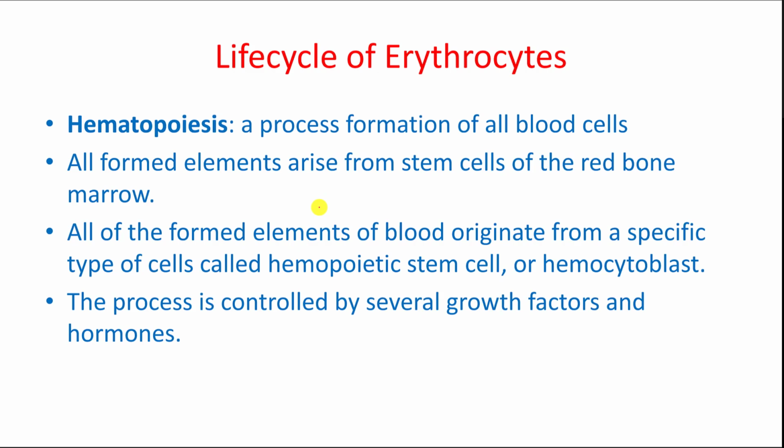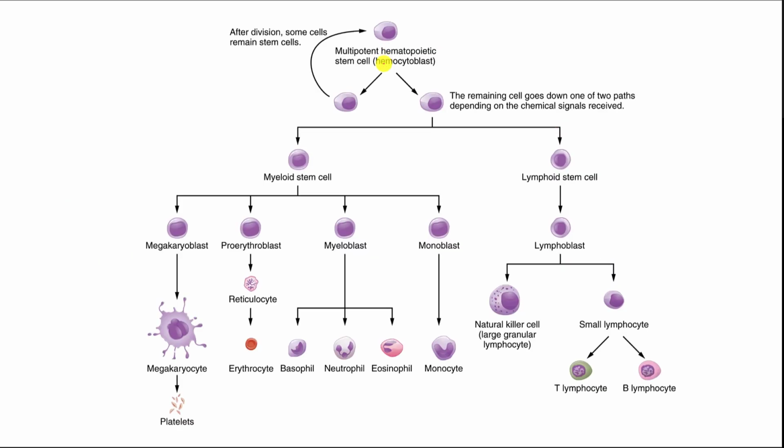Now, for the life cycle of the erythrocytes, this is something we'll call hematopoiesis. This is the process of formation of all the blood cells. And all of the blood cells, whether they are red blood cells or white blood cells, are coming from the same grandmother, the hematocytoblast.